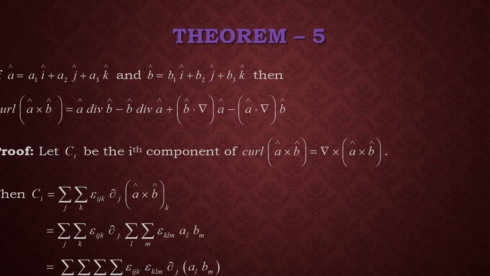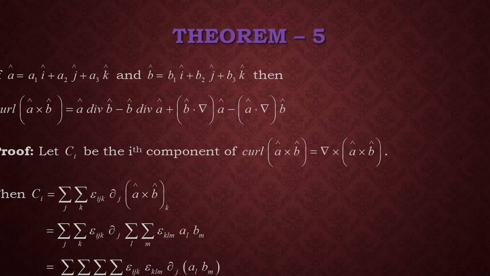Before representing, we take c suffix i to be the ith component of curl of a cap cross b cap. If you put i equals 1, c1 equals the coefficient of i cap in curl of a cap cross b cap. c2 and c3 represent the coefficients of j cap and k cap in the expansion of curl of a cap cross b cap.